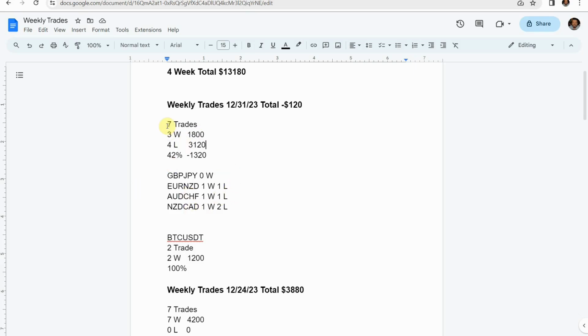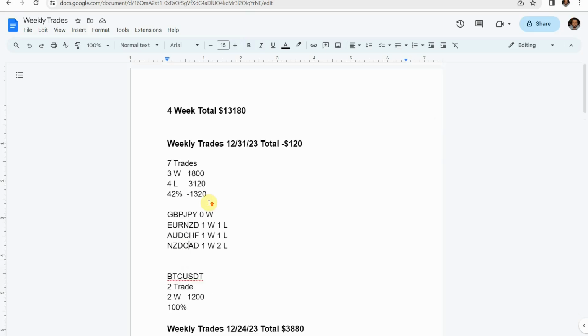I could easily just say that every single week was a winning week with green across the board every single time, but we're actually showing the true results here. You will have good weeks, you will have bad weeks. The idea is to have better green weeks than you do red weeks. With an average of about $4,000 per good week and a drawdown of 120 on the bad week, I'd say that we're doing our job pretty well.